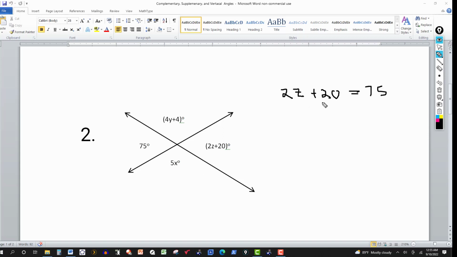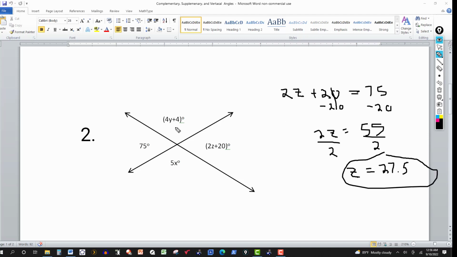So I want to solve for z, so I add negative 20 to both sides. This cancels out. I get 2z is equal to 55. 75 minus 20. And then I divide both sides by 2. So z is equal to 27.5.